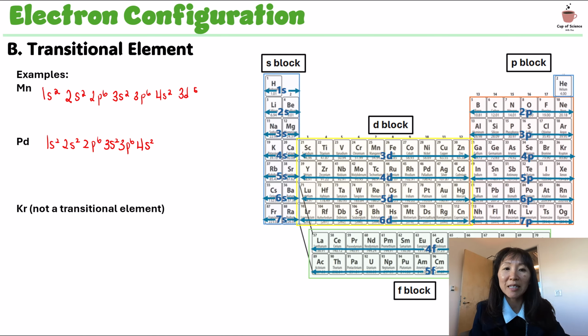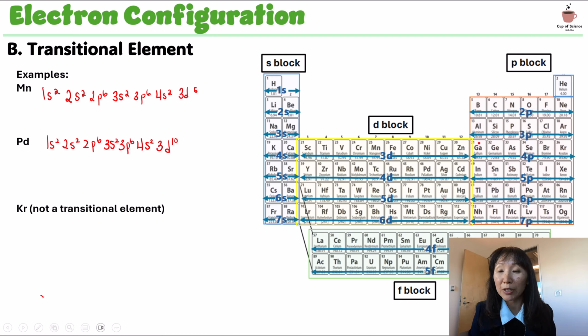So as you can see, I wrote it all the way up to 4s2, okay? And then we need to cross this entire 3d, and there are 10 blocks. So this is 3d10. So this is all filled up.